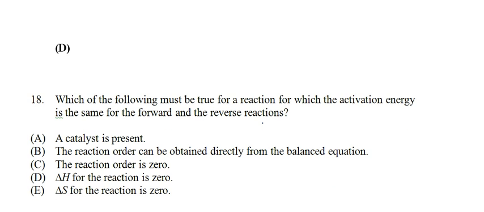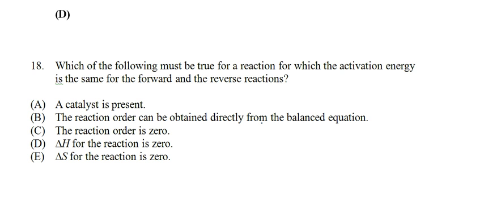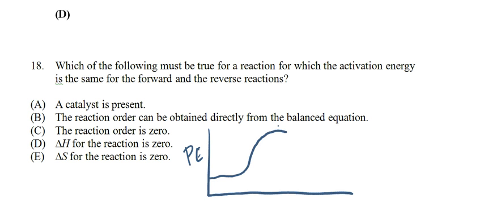All right, number 18. Which of the following must be true for a reaction for which the activation energy is the same for the forward and the reverse reactions? Interesting. So the activation energy has to be the same for the forward and reverse. Now again, potential energy. If we start off with an amount of energy for our reactants here, and the activation energy has to be the same in the forward and backward, well, that means that our reactants and our products have the same amount of energy.